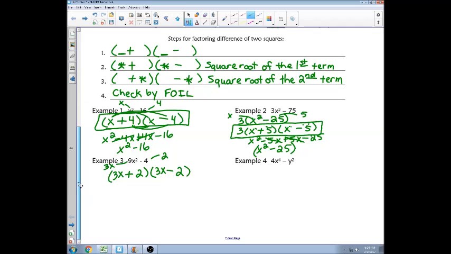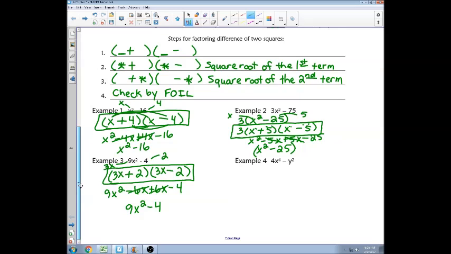Okay. If I use double distribution, I would take 3x times 3x, which is 9x squared. 3x times negative 2 is negative 6x. 3x times positive 2 is positive 6x. And positive 2 times negative 2 is negative 4. Cancel, cancel. 9x squared minus 4 was my original problem, so I have factored correctly.